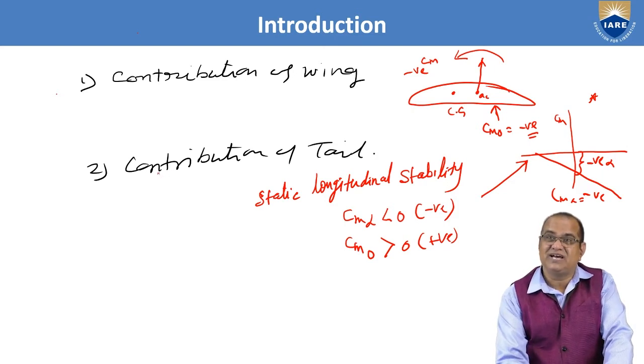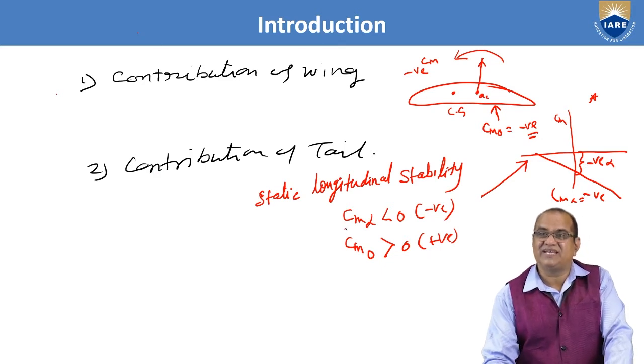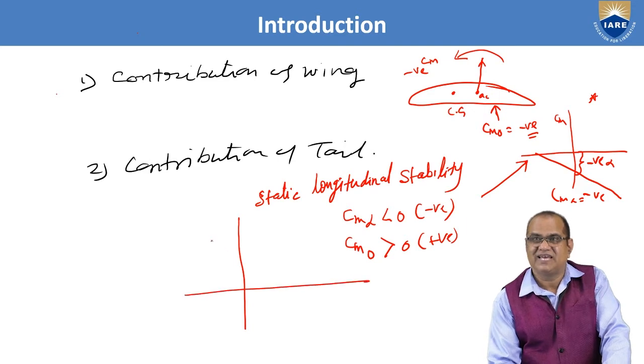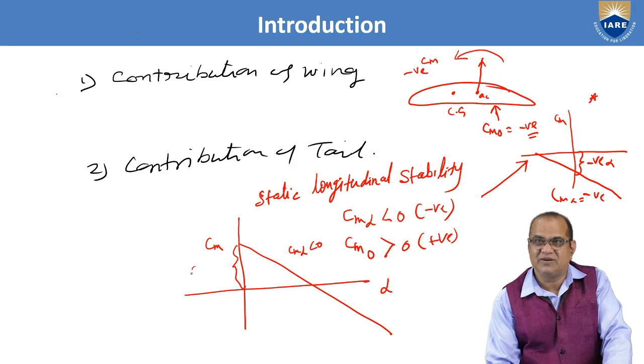So we use the tail. If we add the tail, then the same plot, CM versus alpha, will be like this. CM alpha is less than 0, and CM naught is also greater than 0.